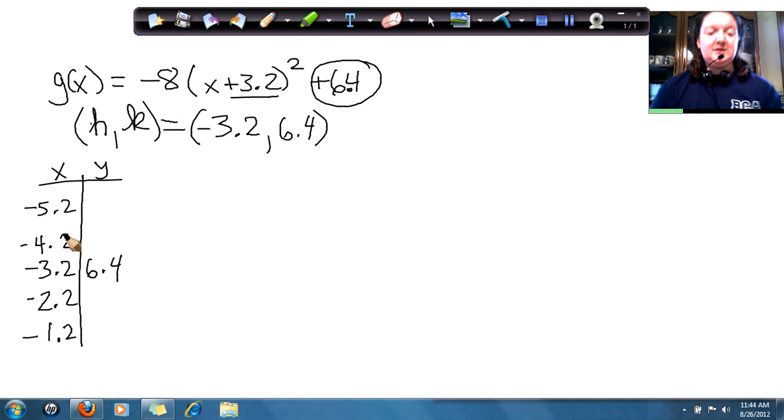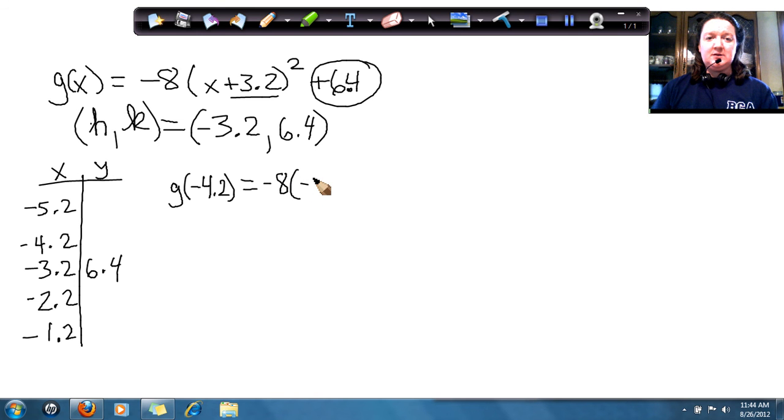So we're going to figure out what negative 4.2 gives when we plug it back into our original function. If I find g of negative 4.2, I'm going to take negative 8 times (negative 4.2 plus 3.2) squared, plus 6.4. That's going to give me negative 8 times negative 1 squared, plus 6.4.